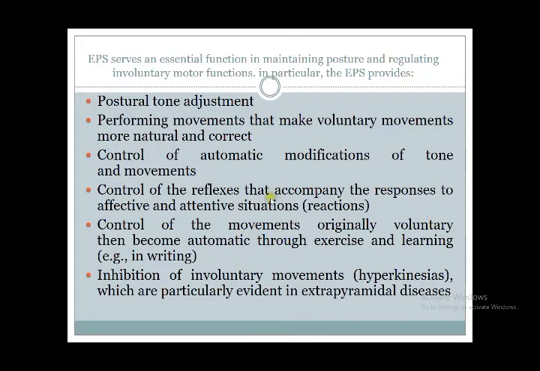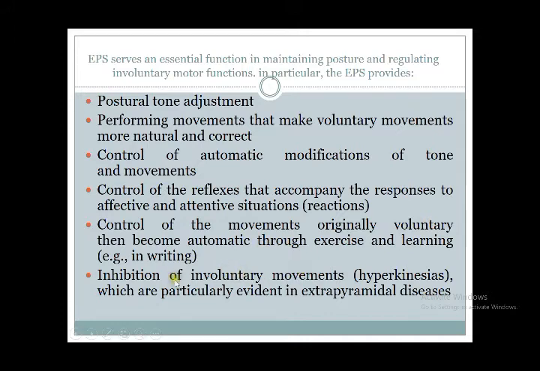They do not give the affective look when they are affected with Parkinson disease because of the damage to the basal ganglia. It also controls movements that were originally voluntary and then become automatic through exercise and learning. For example, with repeated writing you become more accurate and your writing becomes clearer. This is because of the modulation by extrapyramidal control.